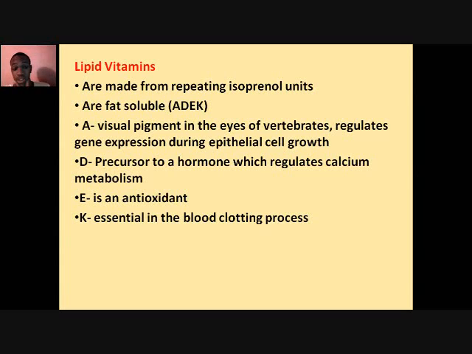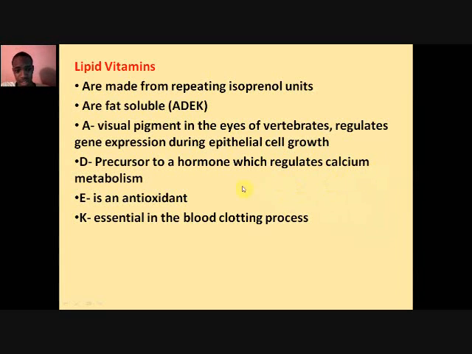So go for their early morning walks, because without the hormone, how could you have calcium metabolism? And vitamin D here is a precursor, so it must be there before this can go on. So when you see a baby with bowed legs, it is because the bone is not formed properly. It's the result of a lack of vitamin D, which is the precursor.